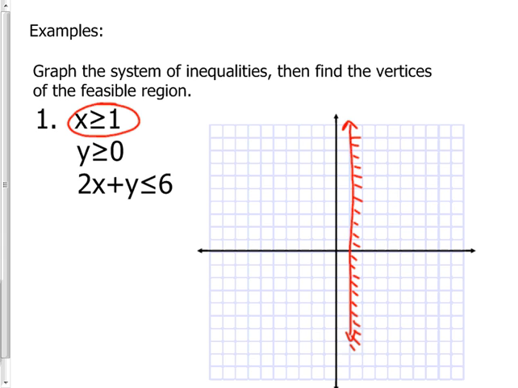Save that for the feasible region, the place where they all overlap. You can just do a little tiny bit of shading on one side of the line until you figure out where the rest of the lines are. This one, you're going to want to solve for y. All right, I'm going to pause for a minute and give you a chance to try this. Remember, solving this one for y is probably the hardest part.